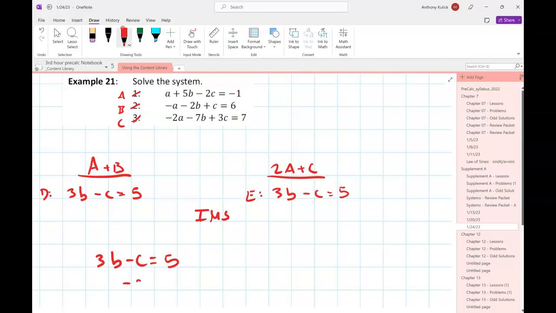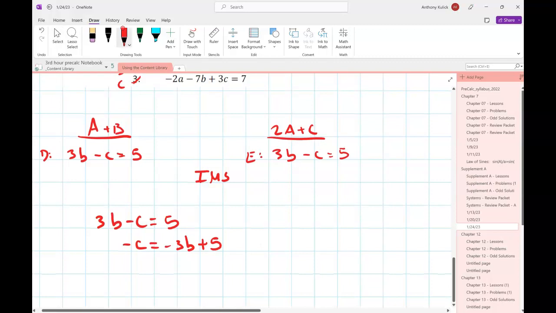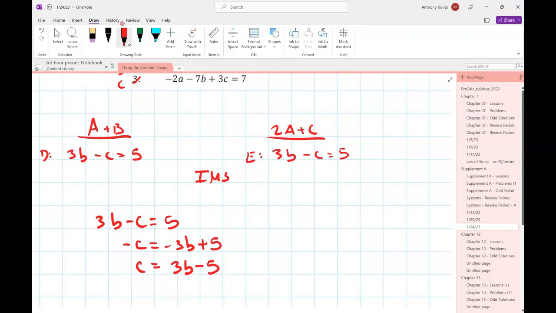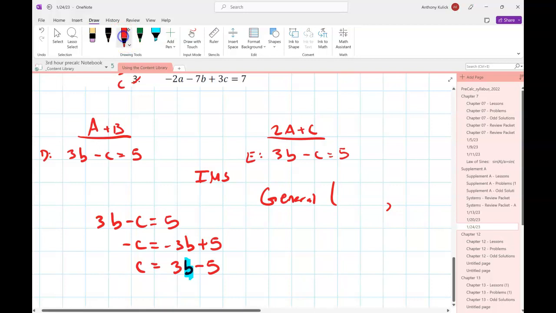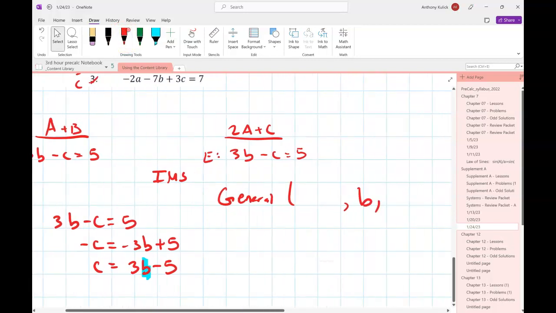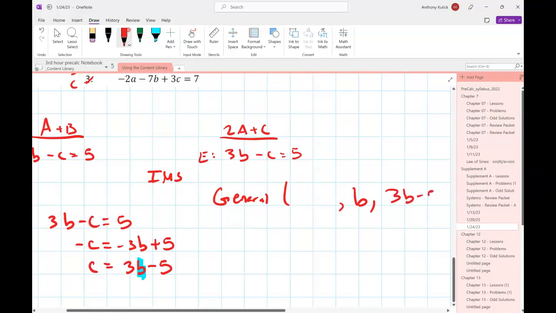So if I subtract the 3B over and then divide by -1, I have C is equal to 3B minus 5. So I'm filling out my general solution. I don't know anything about A. B is my independent variable. And then my C should be 3B minus 5.